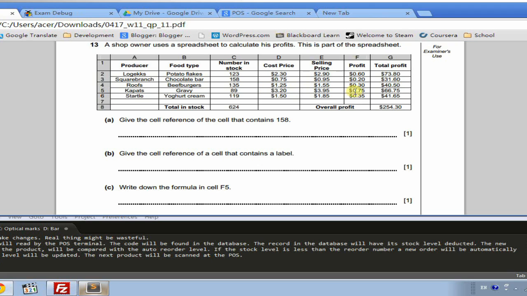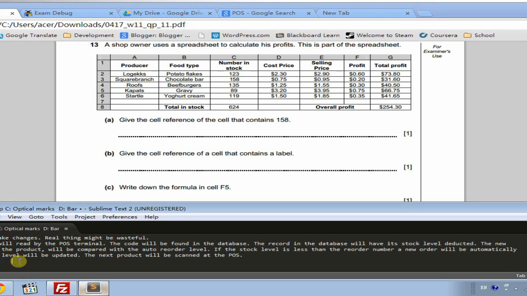So the formula equals the selling price, which is E5, I hope that's right, and it's going to be minus the cost price, which is D5.